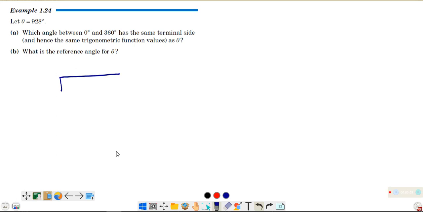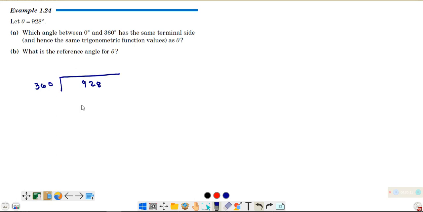Wait lang ha. Prepare ko lang yung calcu natin. So, the given angle will be the one to be divided, and the divisor will be, of course, 360, yung isang revolution natin.